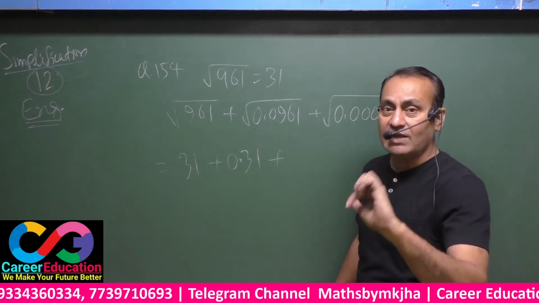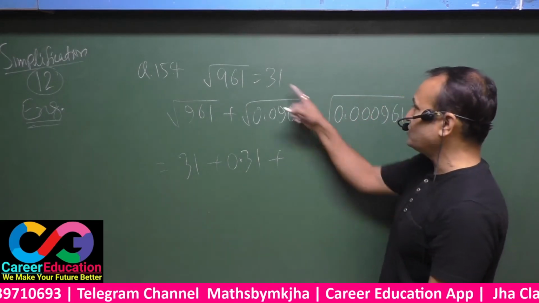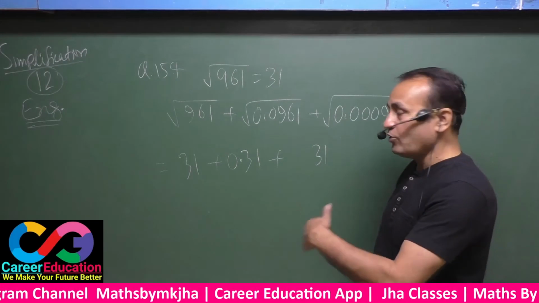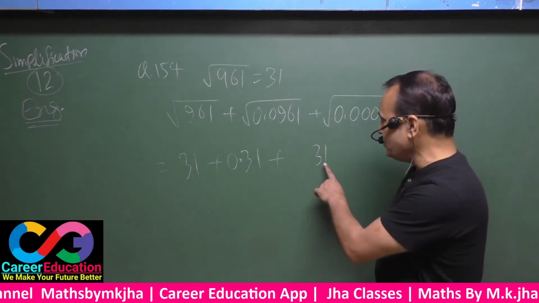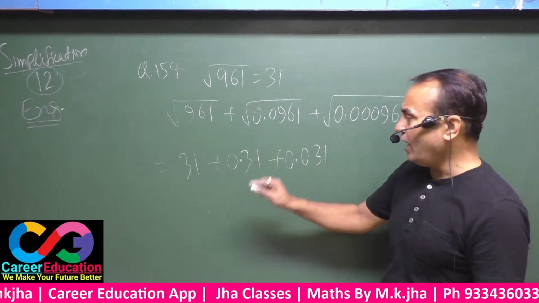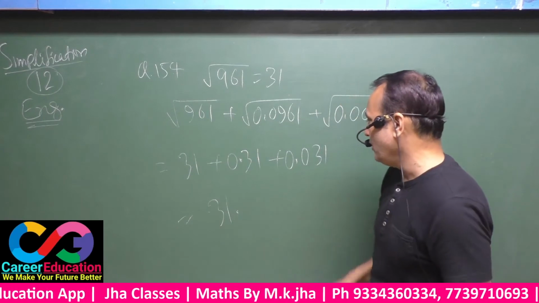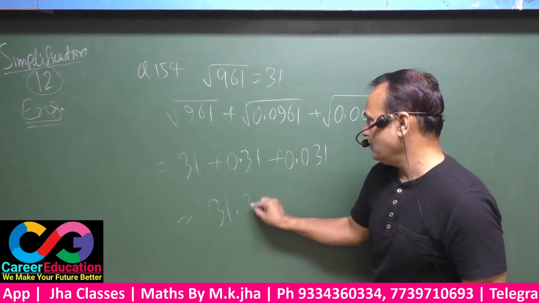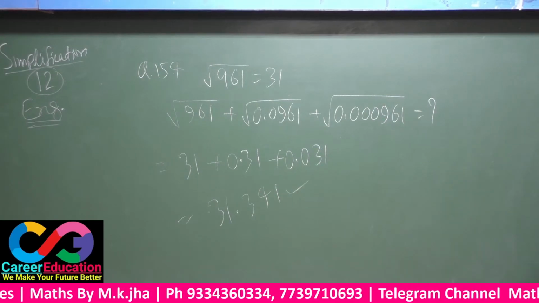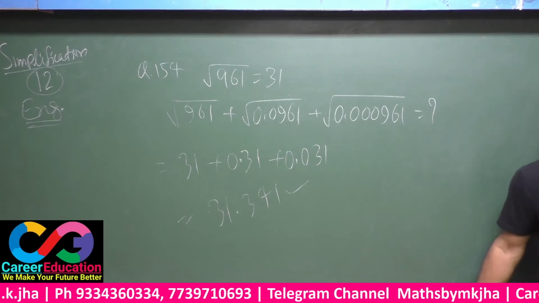That means in your answer, the decimal must be after 3 digits. Decimals are counted from right to left. That means 1, 2, 3 decimal places. And you have to add all this. That means 31.341. This must be the answer of this question. Be noted. 31.341, absolutely the right situation.